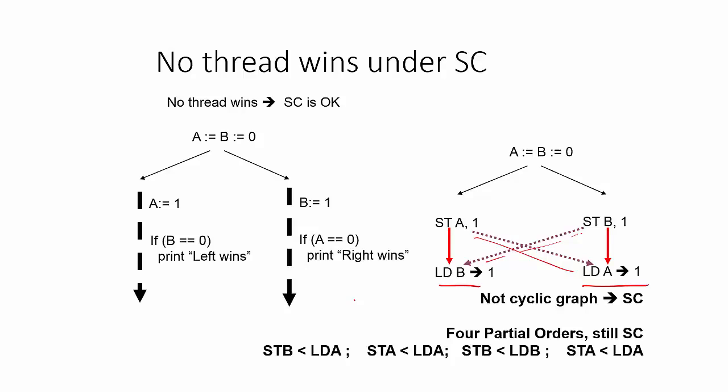There are several partial orders. For instance, that the store B happens before the load of A, and store A happens before load of A, and store B happens before load of B, and store A happens before load of A.